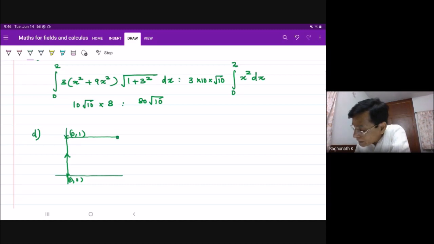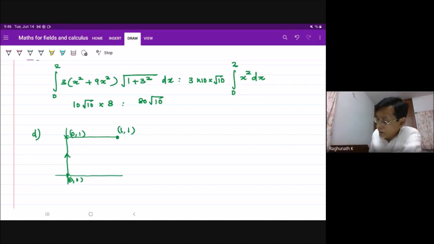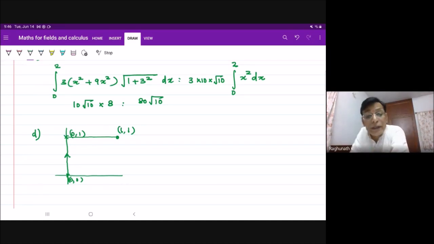What is the equation of the y-axis? X equal to 0. What is the equation of this line? Y is equal to 1. On the x is equal to 0 line, y goes from 0 to 1, and on the y is equal to 1 line, x goes from 0 to 1.